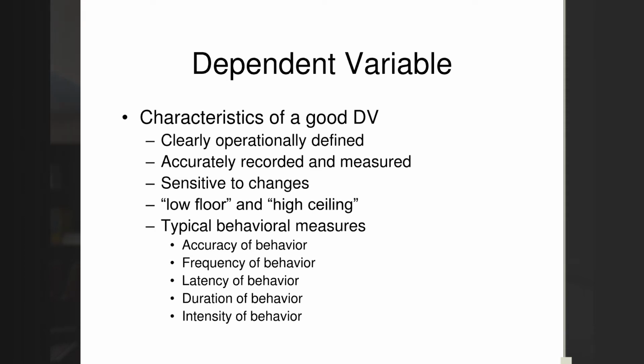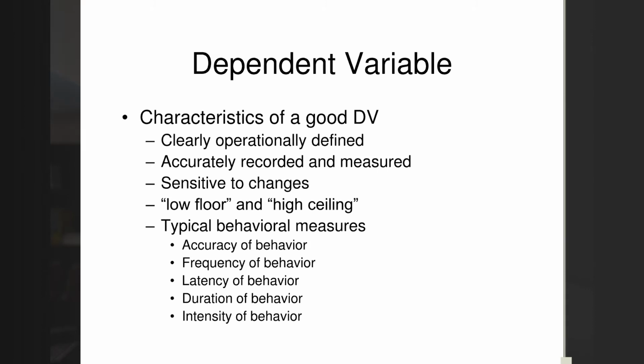We want it to have a low floor and high ceiling. And when we talk more about test creation, we'll talk about this a bit more. But for example, with depression, we don't want it to be just for clinical patients, where it's so high that you have to have a clinical amount of depression to get any score on this measure.